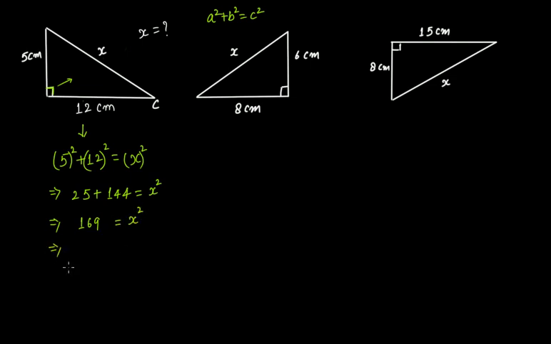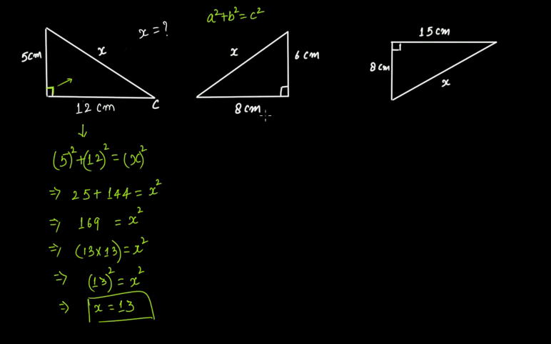This 169 is exactly what? It's 13 times 13 is equal to x square. So if you solve this one, this is 13 square is equal to x square. It gives you x is equal to 13, right?